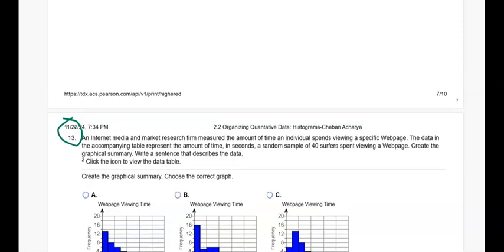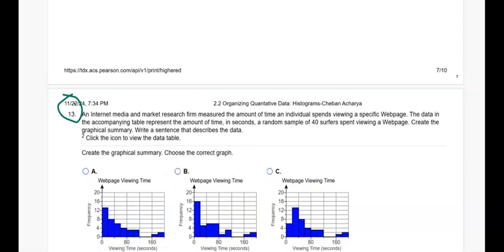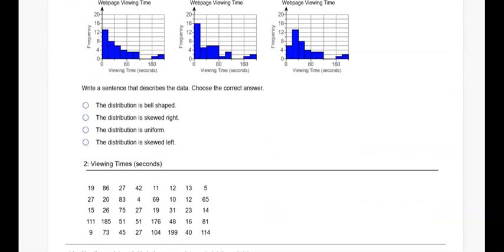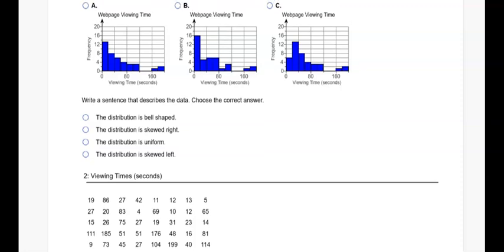So create the graphical summary and write a sentence that describes the data. Obviously this data is graphed in a histogram, and you need to match which one is the correct histogram for this data.